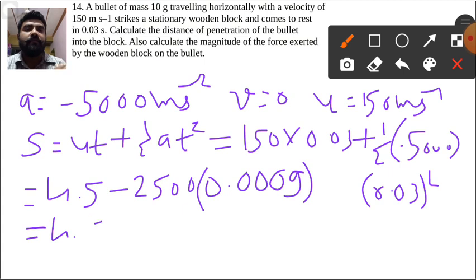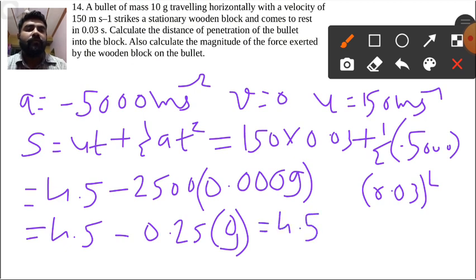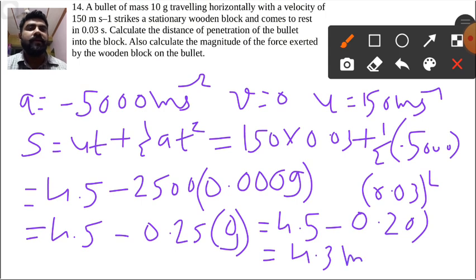So 4.5 minus 2500 upon 10,000, so that will be 0.25 into 9, so 0.25 into 9 is approximately 2.25. So 4.5 minus approximately 2.2, so here the answer will be 2.3 meter approximately, that is the penetration distance.